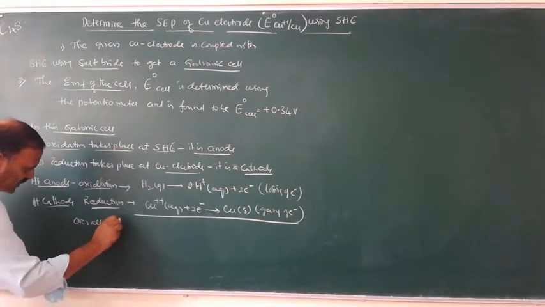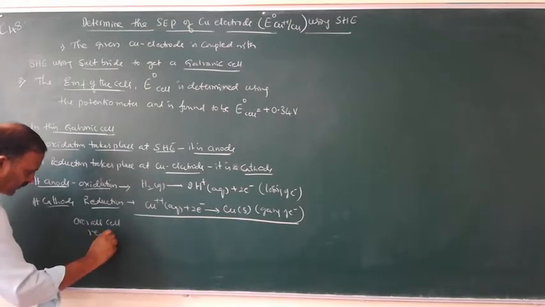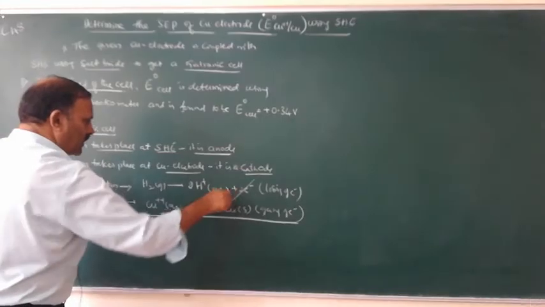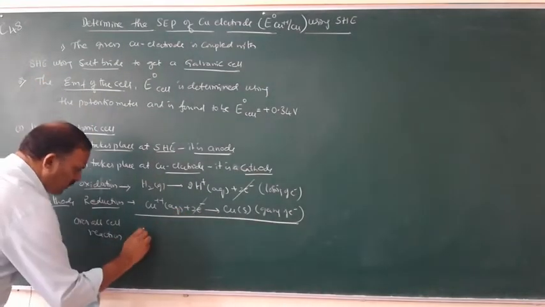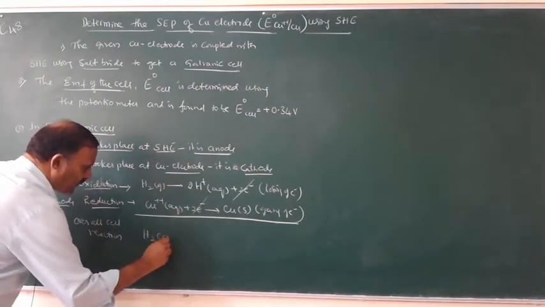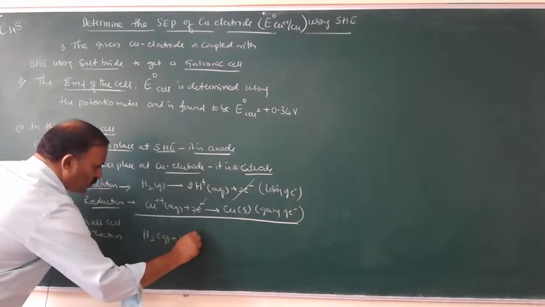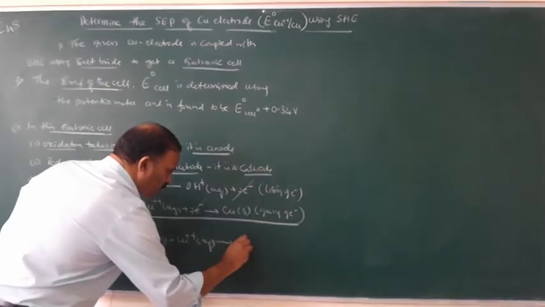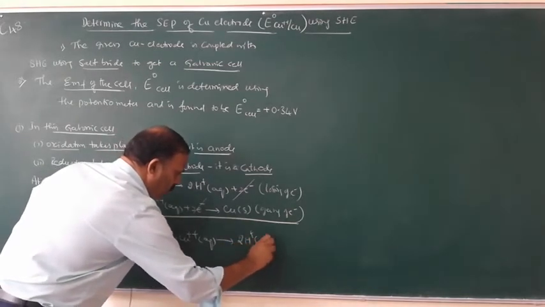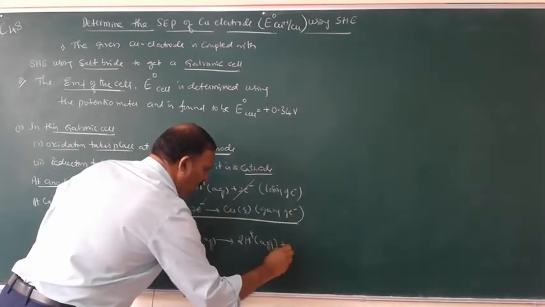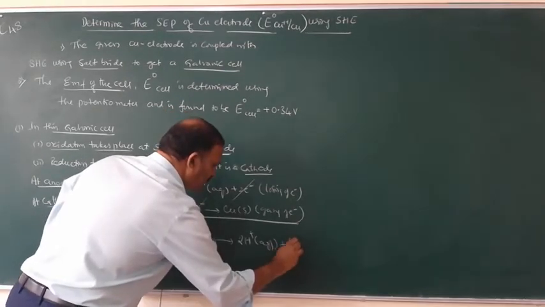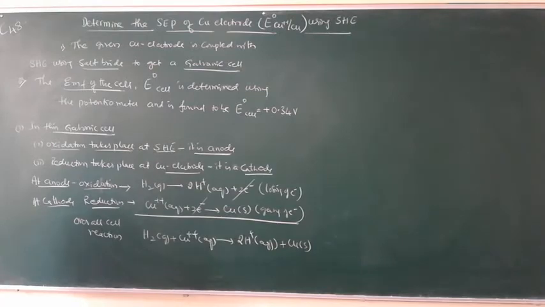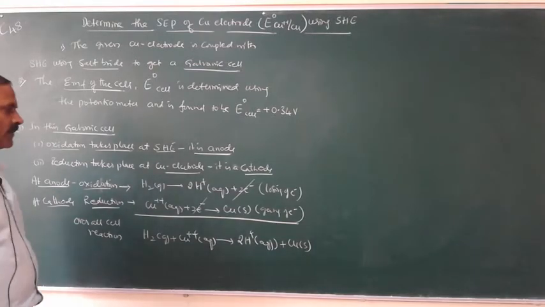Overall cell reaction is H2(g) plus Cu2+(aq) gives 2H+(aq) plus Cu(s). So this is the overall reaction.